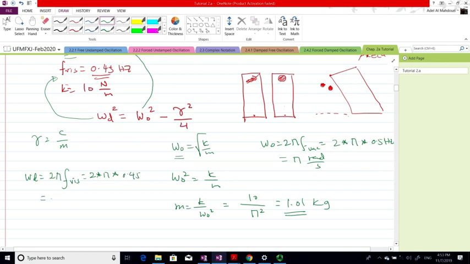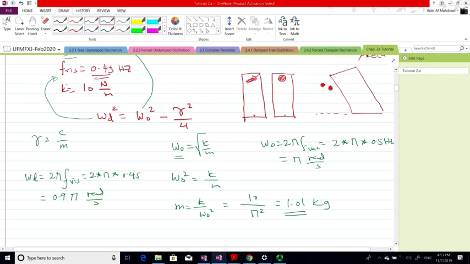So omega D is going to be what? 0.45 multiplied by 2, you will get 9 over 10 or 0.9, which is 0.9 pi radians per second. So we need now gamma, right?